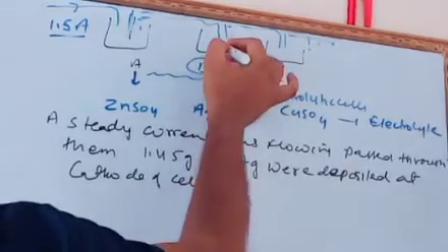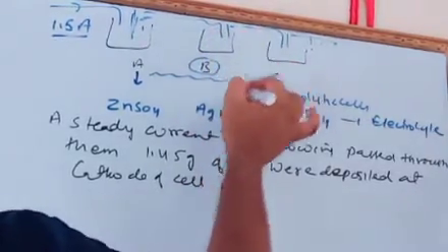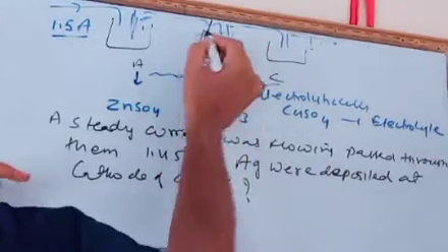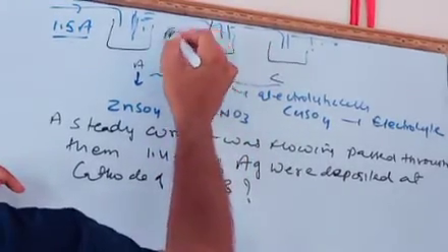Cell B is silver nitrate, and the quantity given is 1.45 gram.